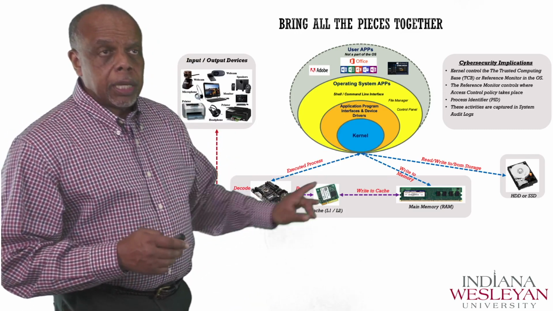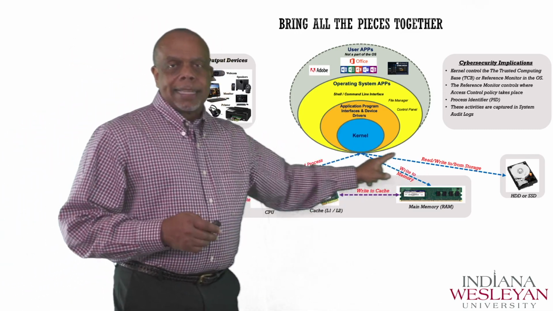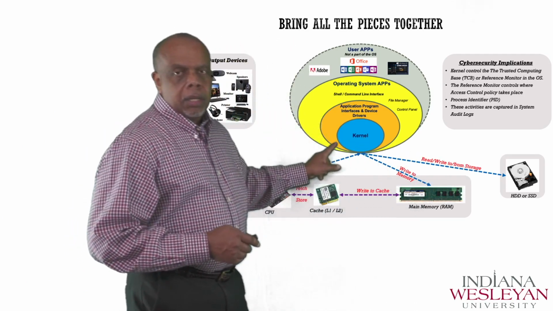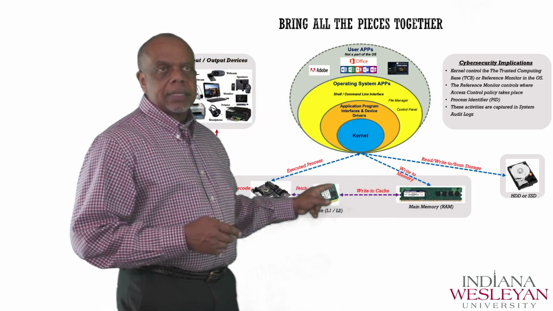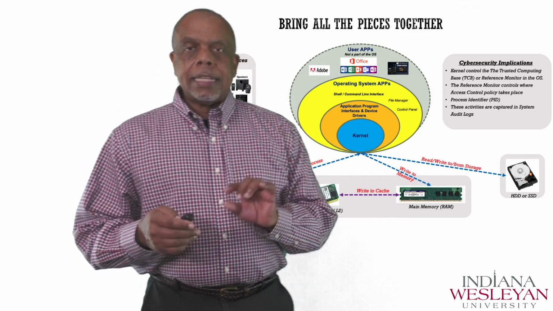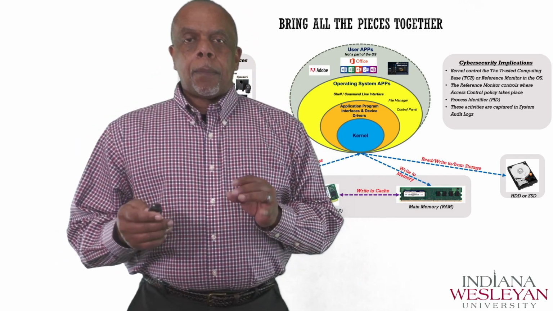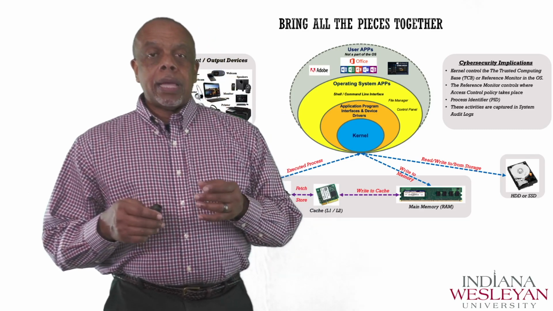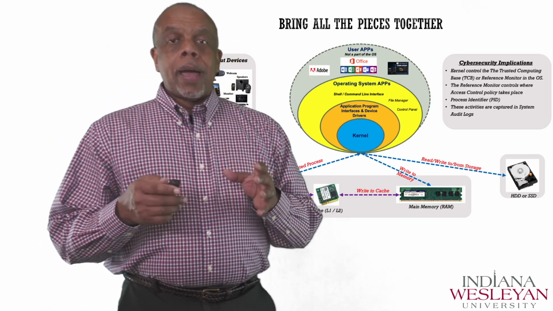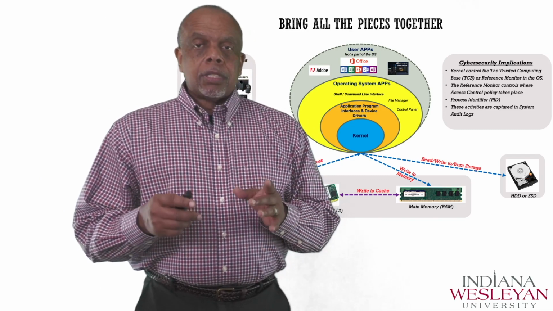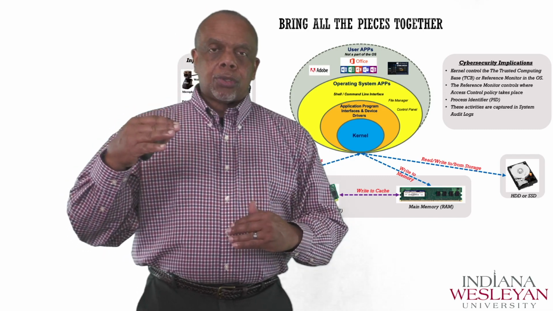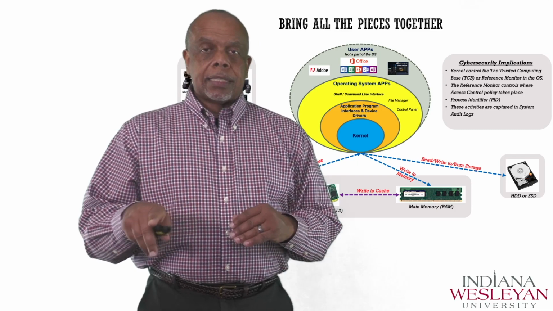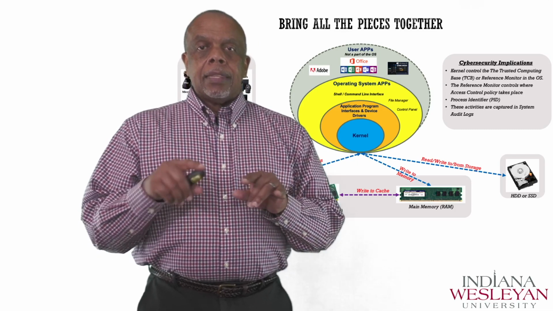Also, every one of these processes that we just talked about, it assigns a number or a PID, a process identifier, so that now as cybersecurity, we can go back and audit. Because now I can go back, I have a history of every process or process ID that would have happened.